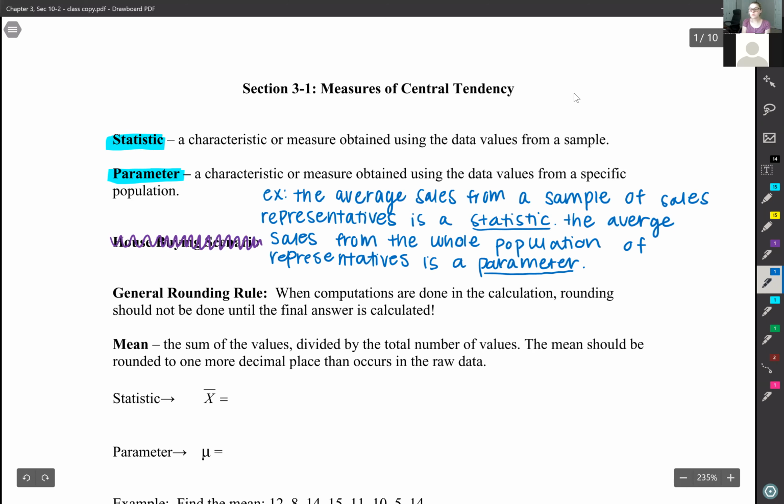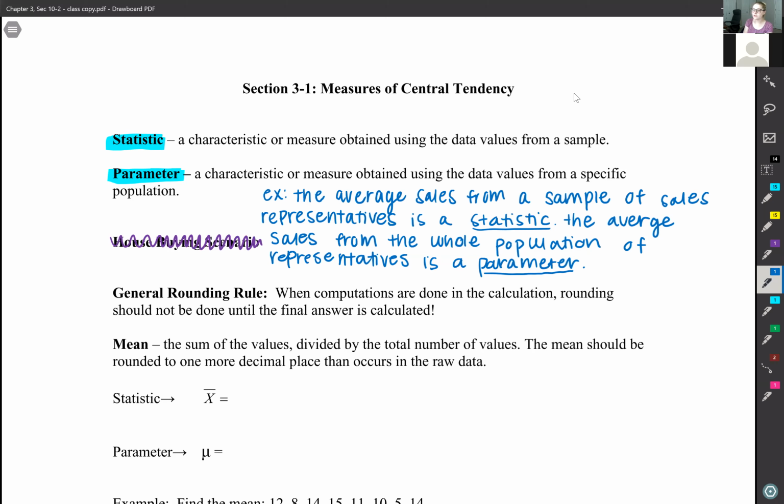Okay, so that's really the difference. Maybe we're talking about a small company, and so getting the average sales from all of the representatives is not too difficult. So it would make sense just to get the whole population. Or maybe you have a chain, with a lot of sales representatives all over the country. It would make more sense to just do a sample, and that would be known as a statistic. So that's just the difference between the two.